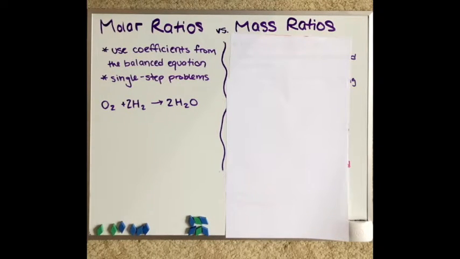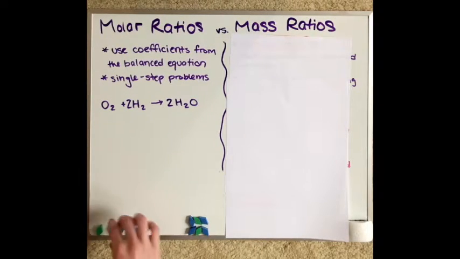When you're looking at a molar ratio, the first set of problems should have been pretty much a review of what you did in the edible stoichiometry lesson. You were looking at the equation, paying attention to the coefficients. For example, if you're creating water, your reaction is O2 plus 2H2 yields or produces 2H2O.